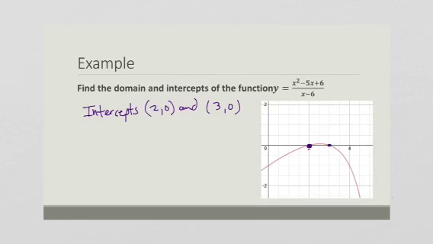But to look at my domain, I need to look at the denominator. In my denominator, x cannot equal 6, because that would make it 0. So my domain is negative infinity to 6 in union with 6 to infinity.